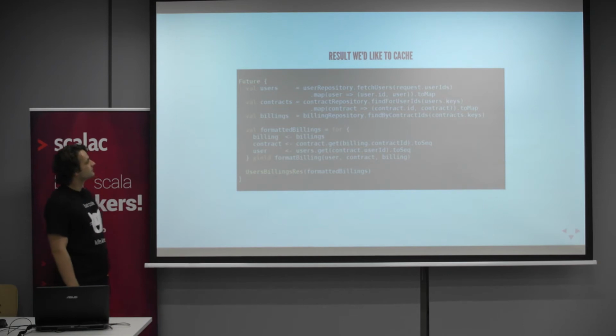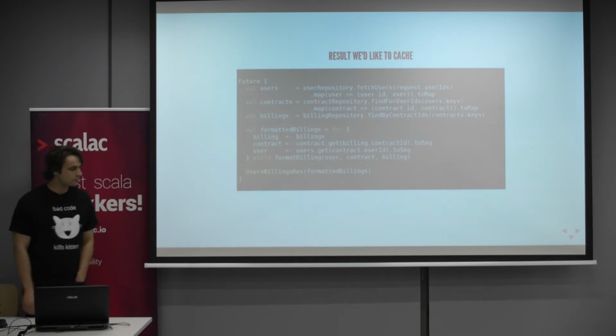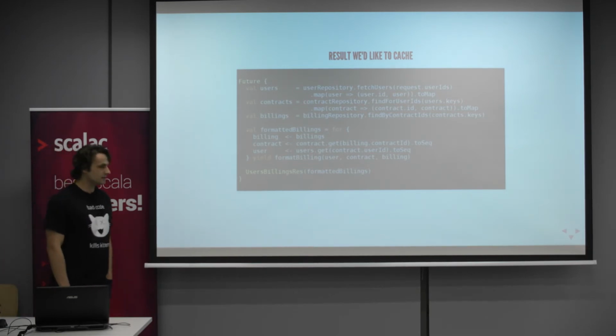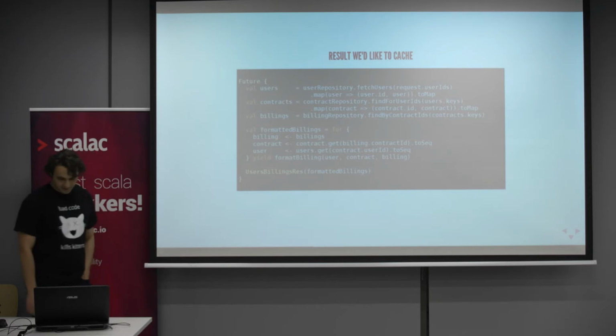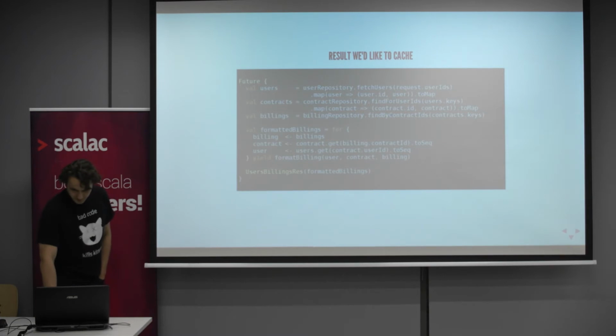So this is our improved service, one where we already improved the performance by removing N+1 queries. But we still would like to improve it by putting the results into the cache. So how could we do it?